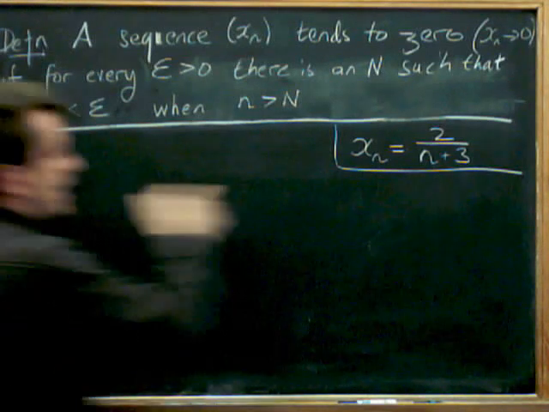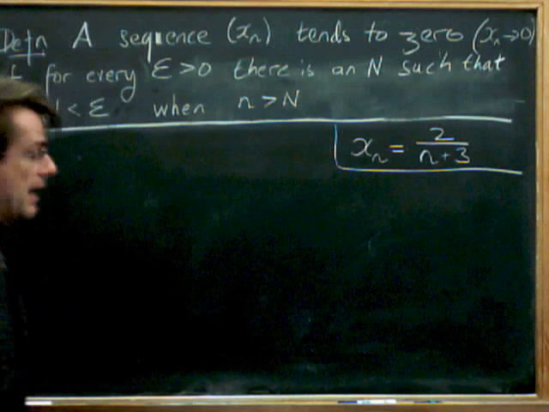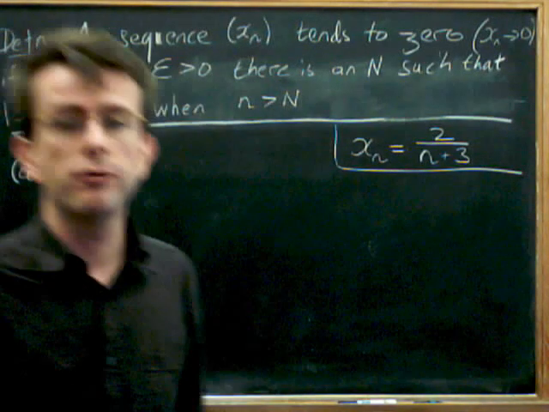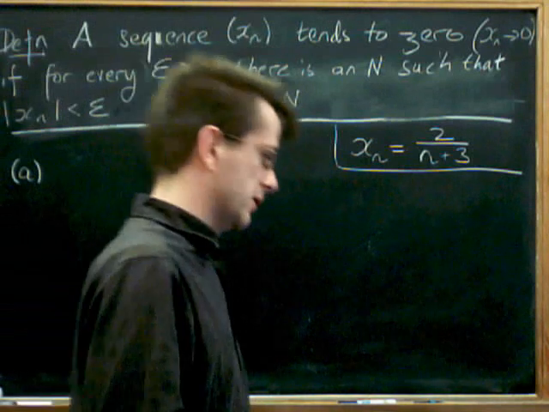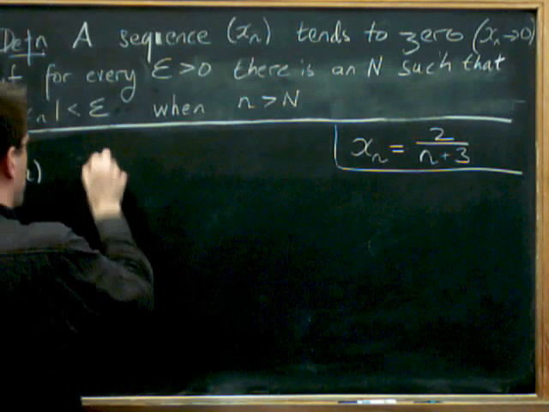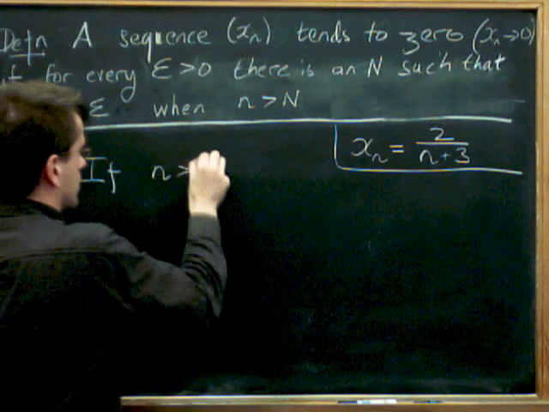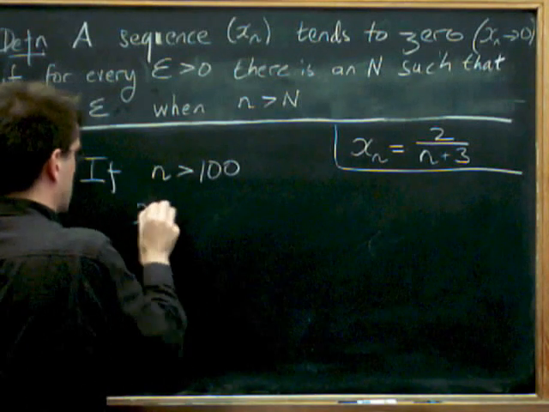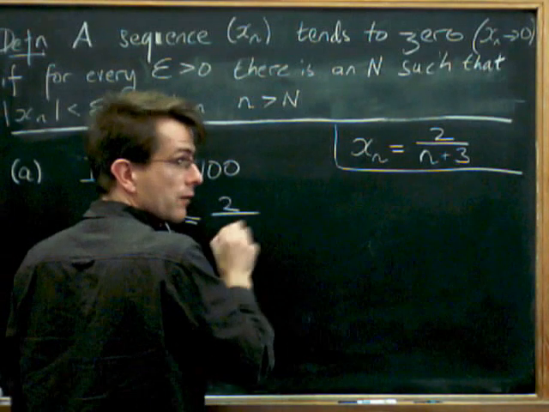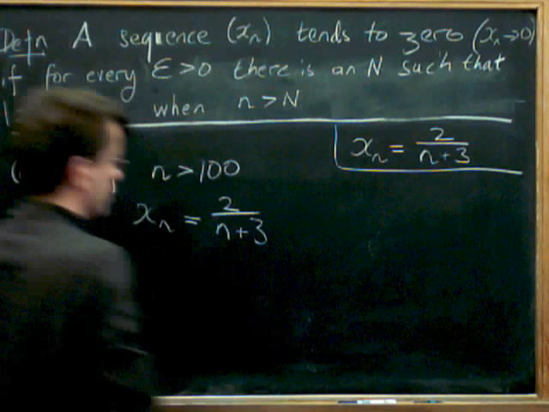Part A, so this is the sequence we're looking at. Xn is 2 over n plus 3. The question asks us to show that beyond the 100th term, all of the terms are within 1/50th of 0. So if n is bigger than 100, then xn is just 2 over n plus 3.